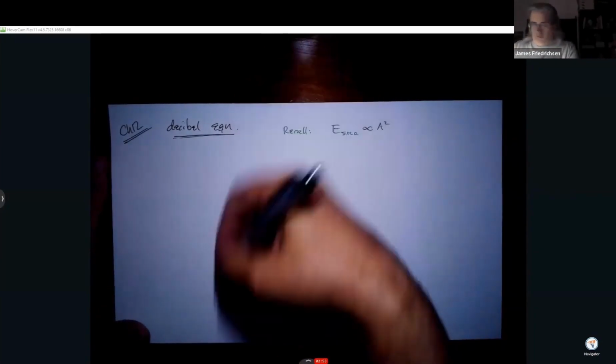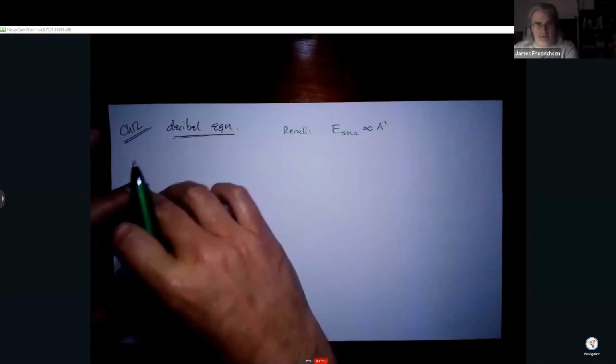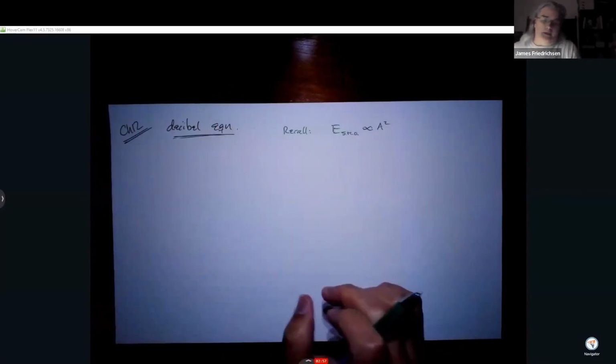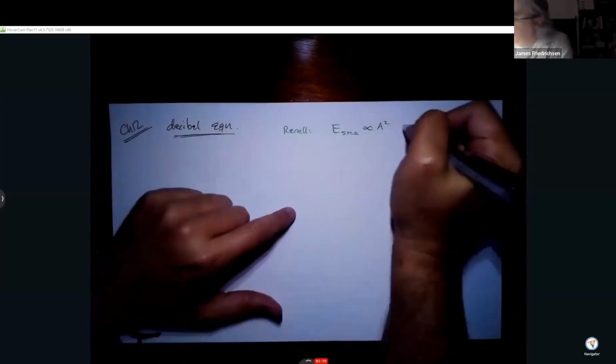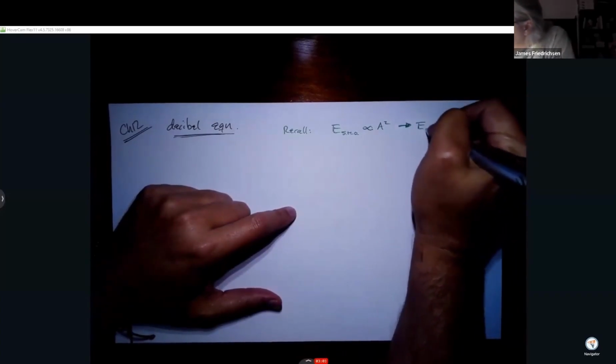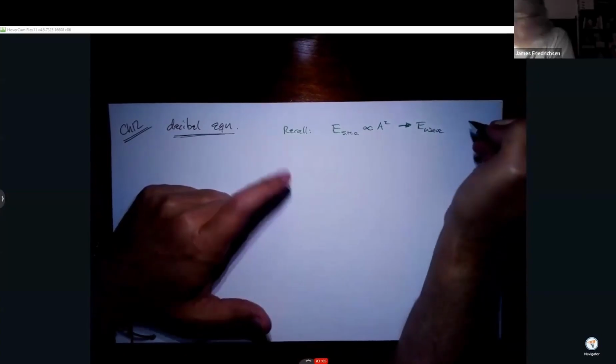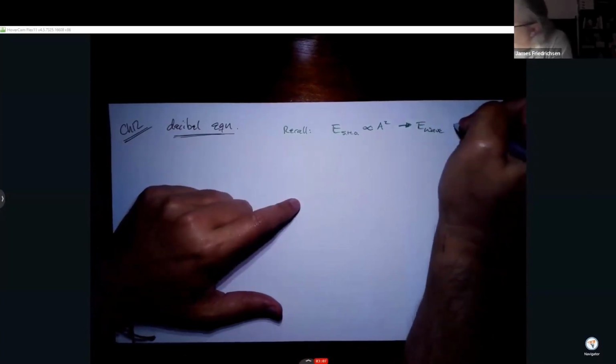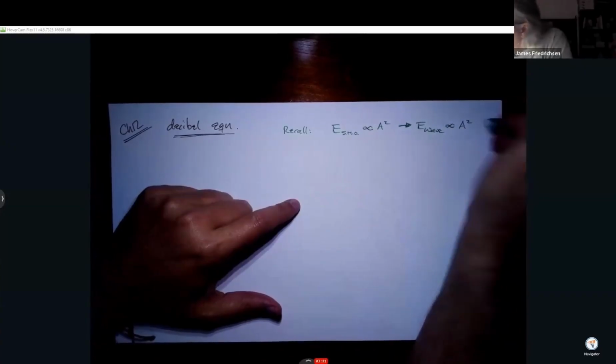And when you shake the string in simple harmonic motion, you create harmonic waves. Because of this, the energy transported by a wave, and that's what waves do, is they transport energy, is proportional to the amplitude squared.